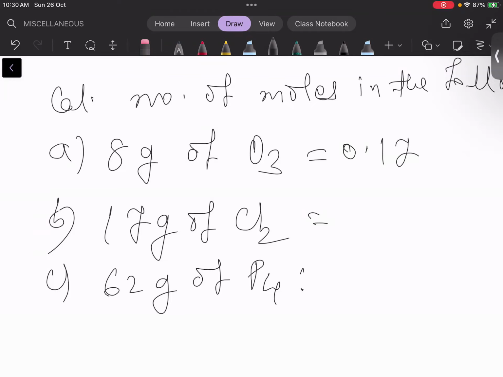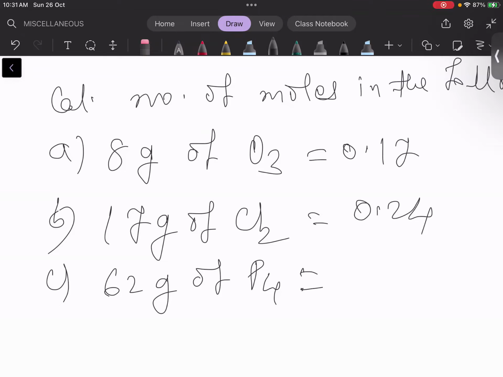No, no, sir. 17 upon 71. Correct, correct. Whatever he told is wrong. He took 35.5. That's why it is wrong. 17 divided by 71. Sir, 0.24.